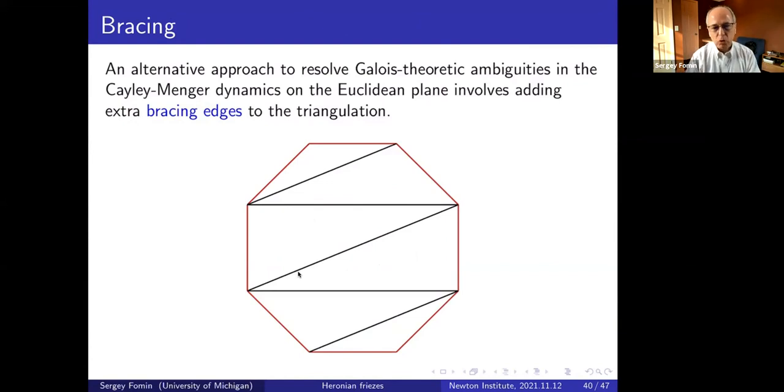So here, if you only know all these distances, right, and you just glued these triangles to each other along these diagonals, then you can flip over your construction, flip over each of these edges, right? So in order to freeze it in place, make it rigid, one way to do it was, as I said, to introduce signed areas, but there is another way, which is to introduce these bracing edges.